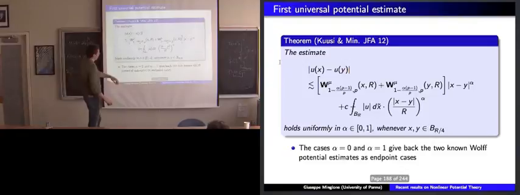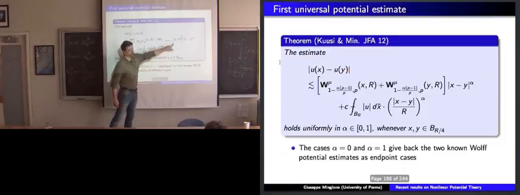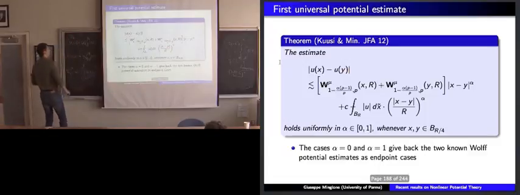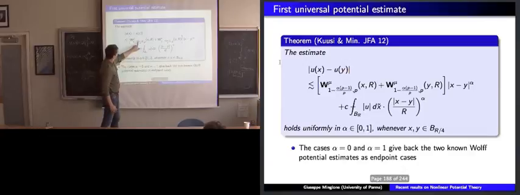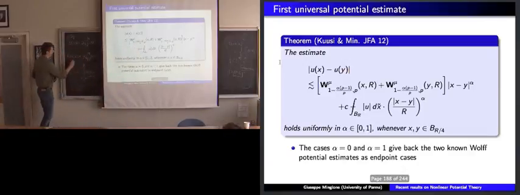So let me check the endpoint cases. When α is 0, so you do not pretend to have any control of the oscillations, what do you get? You get W_{1,p}. So you get this estimate. When α is equal to 1, you get essentially the other estimate. And in between you get all the sharp, let's say, estimates you might like to have.